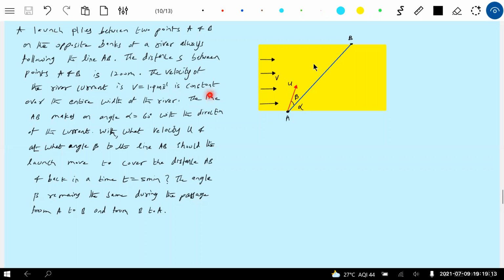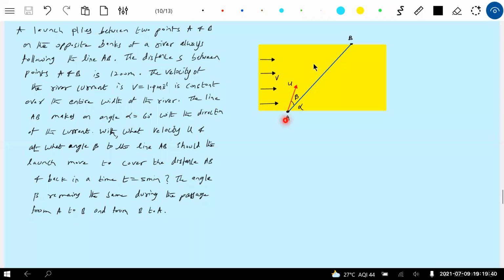The line AB makes an angle alpha of 60 degrees with the direction of current. With what velocity u and at what angle beta to the line AB should the launch move to cover the distance AB and back in a time of 5 minutes? You should go like this and you should return.